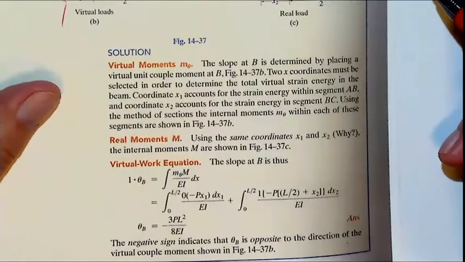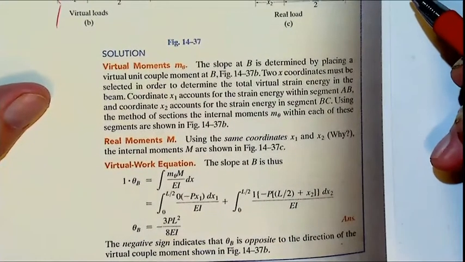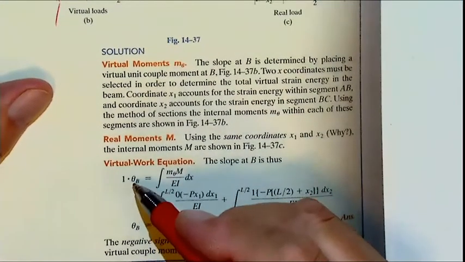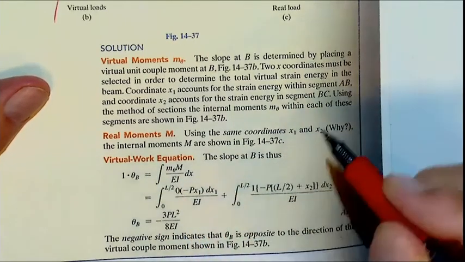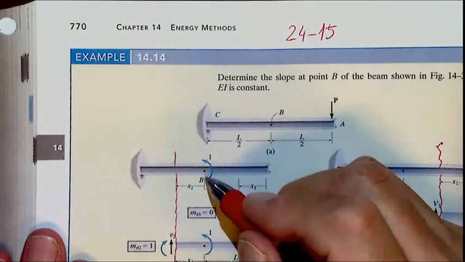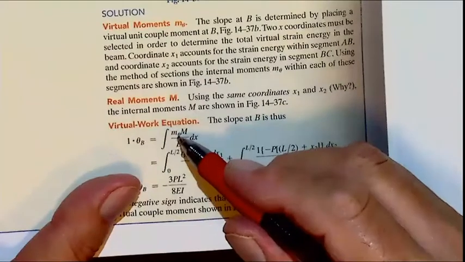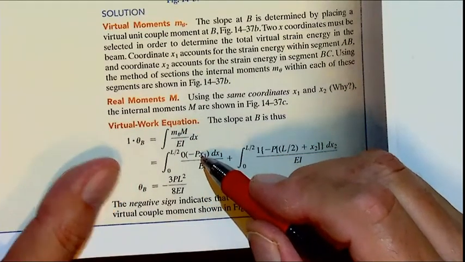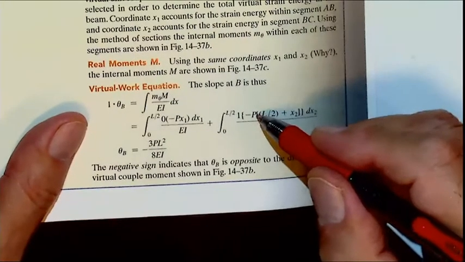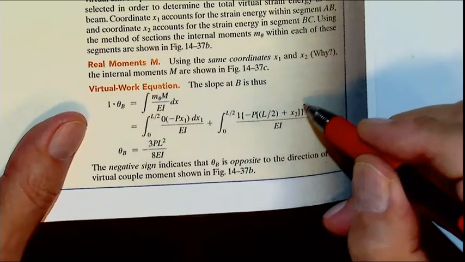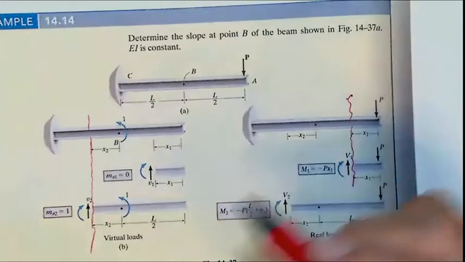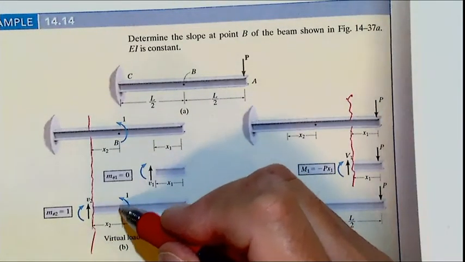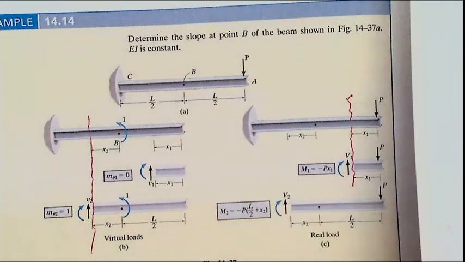So then we get, look please, 1 times theta B equals the integral of M theta times M over EI. Okay? In the first part, until L over 2, it is 0, because M theta is 0. That is minus Px1. Okay, here is minus P times L over 2 plus x2. Here I'm using another coordinate system, x2.